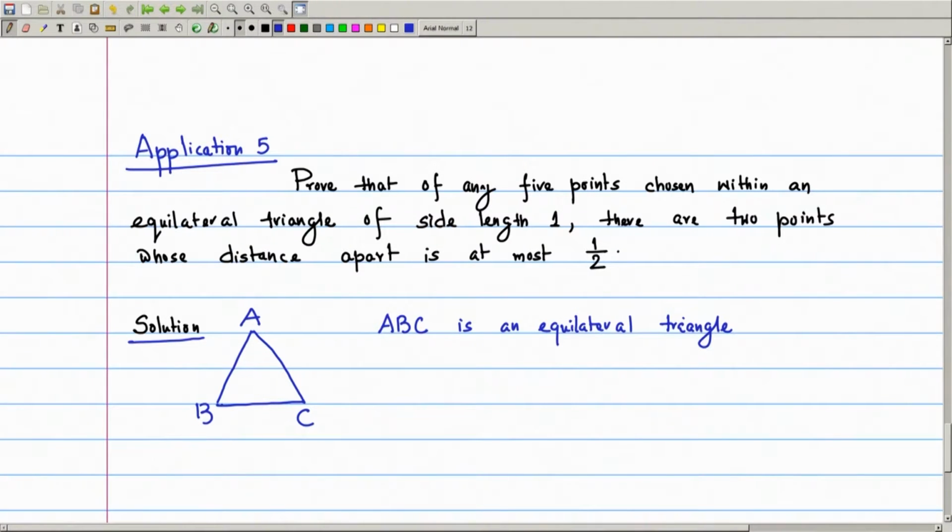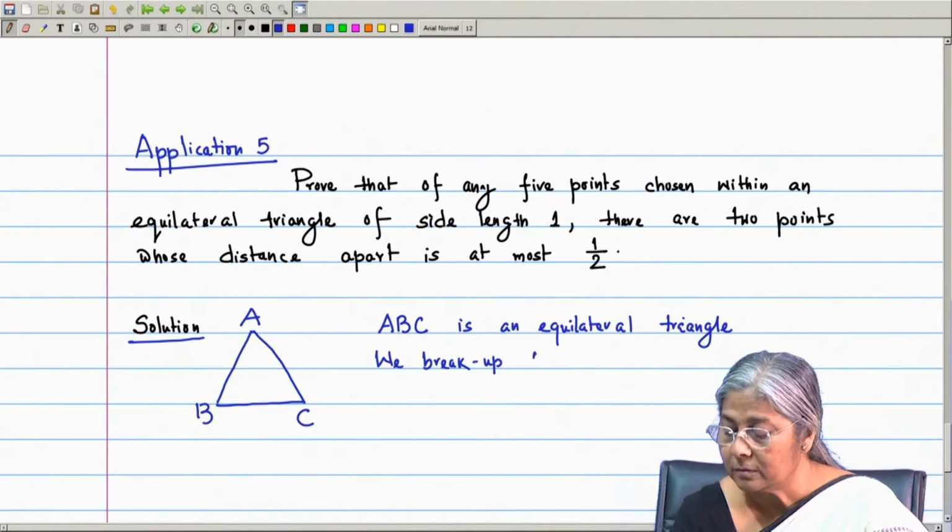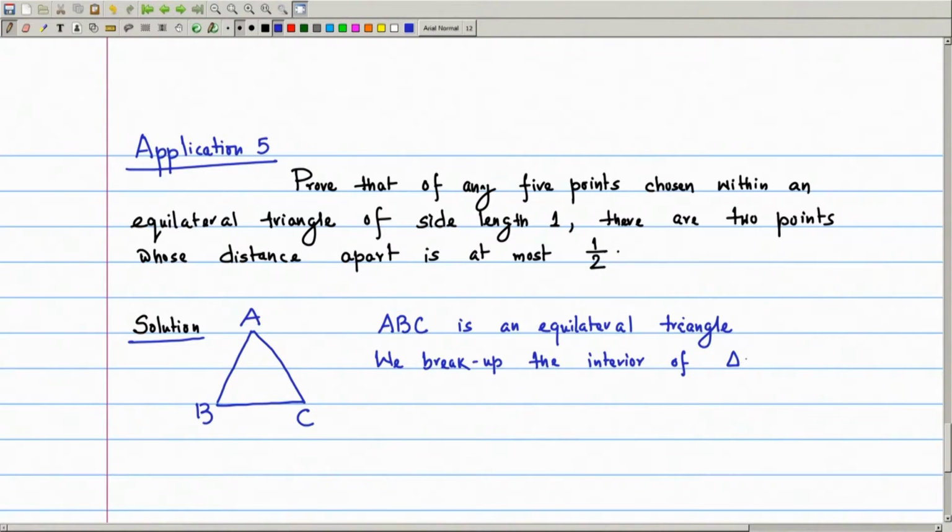Now we break up the interior of triangle ABC into 4 regions.